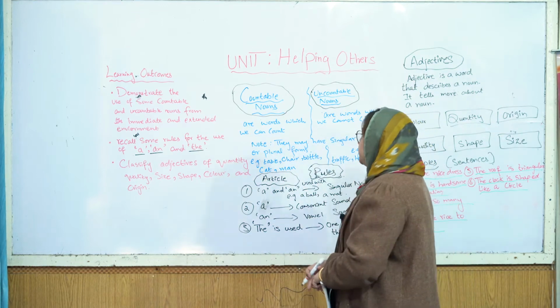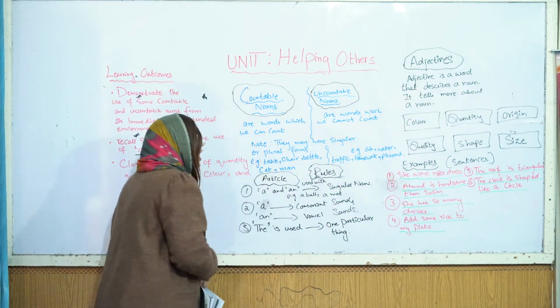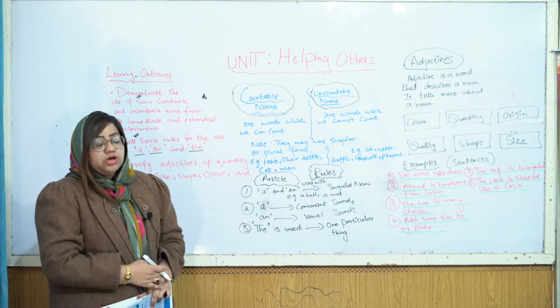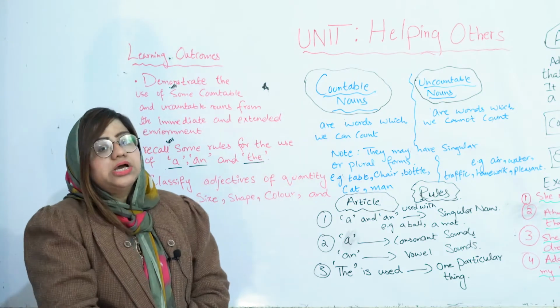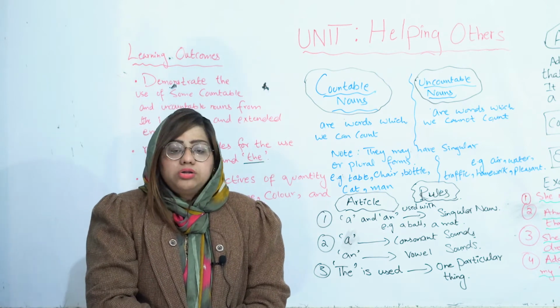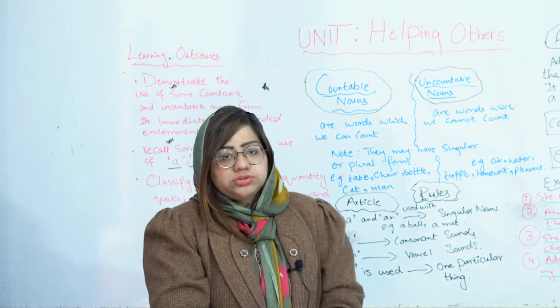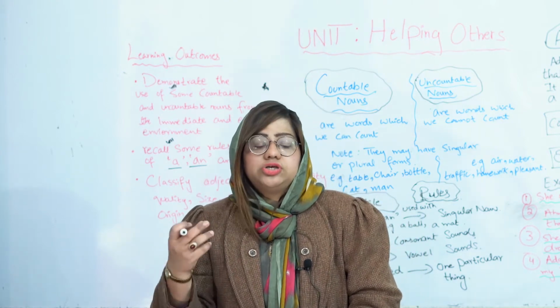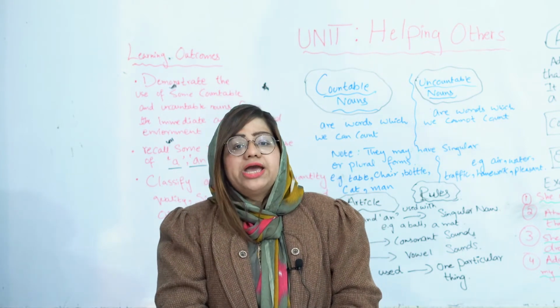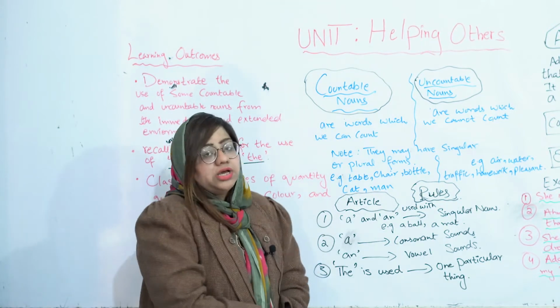Now let's move to the first learning outcome of today's lesson, countable nouns and uncountable nouns. You all know, students, what nouns are. Nouns are the names of people, places, things, anything which you identify and name.